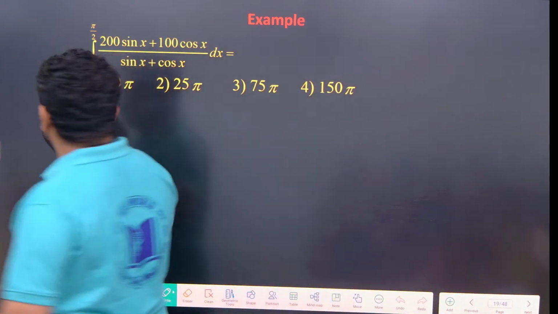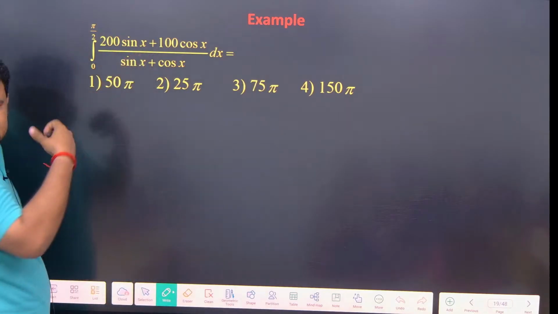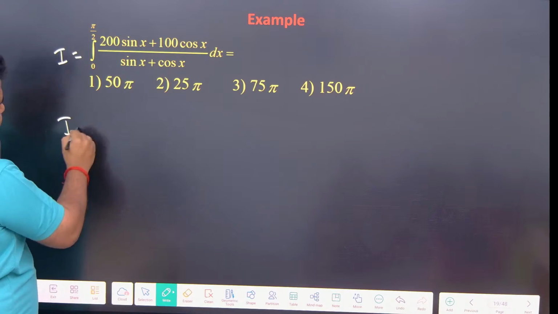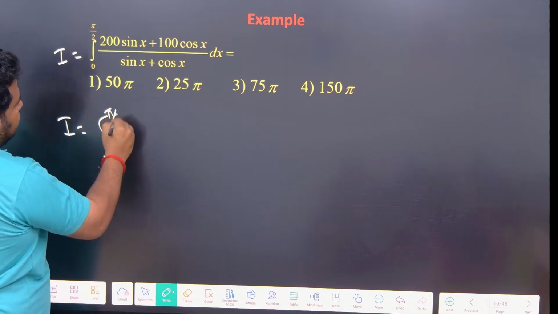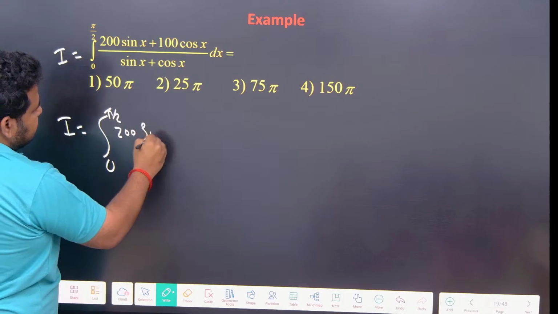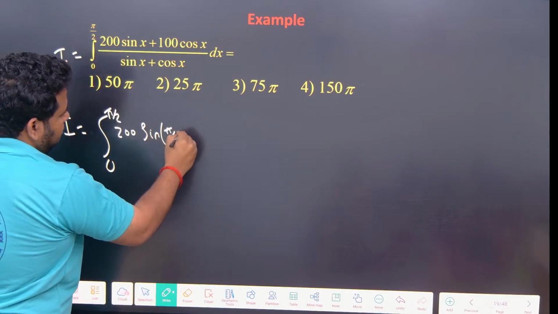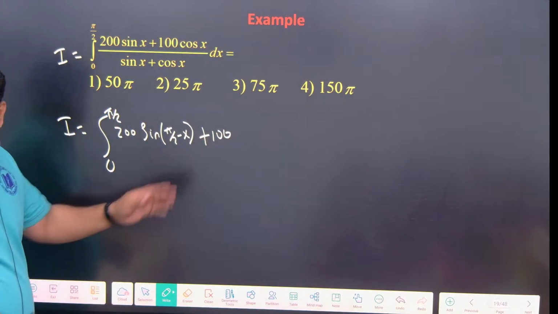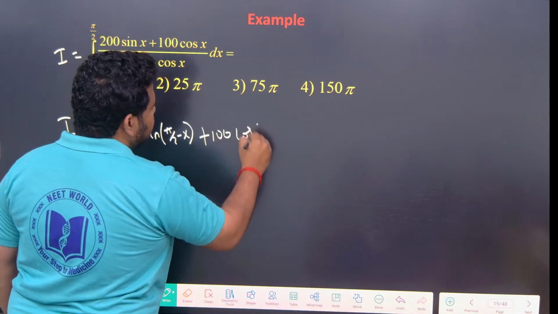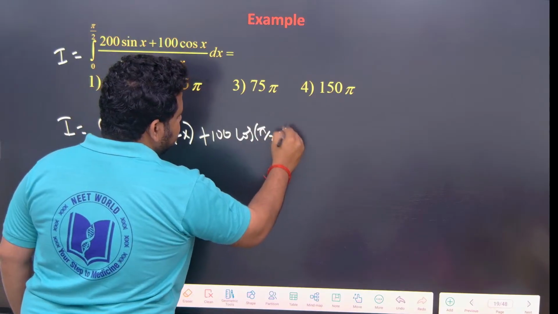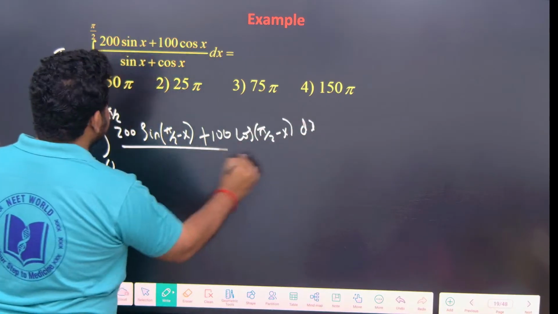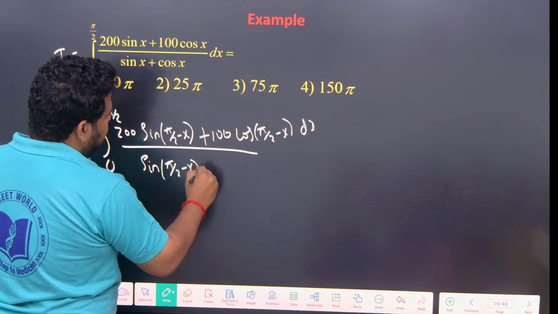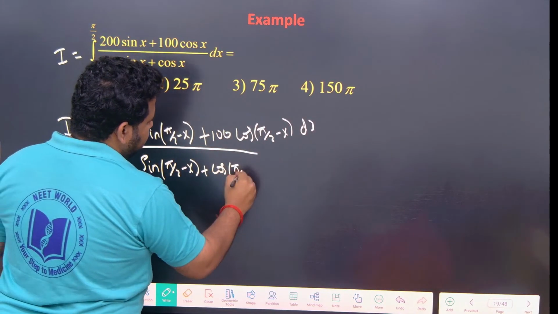So see here, wherever x is there, I should replace it. Let me take this as I. So this I can be written as 0 to pi by 2, 200 sin of pi by 2 minus x, plus 100 cos of pi by 2 minus x, dx, divided by sin of pi by 2 minus x plus cos of pi by 2 minus x.